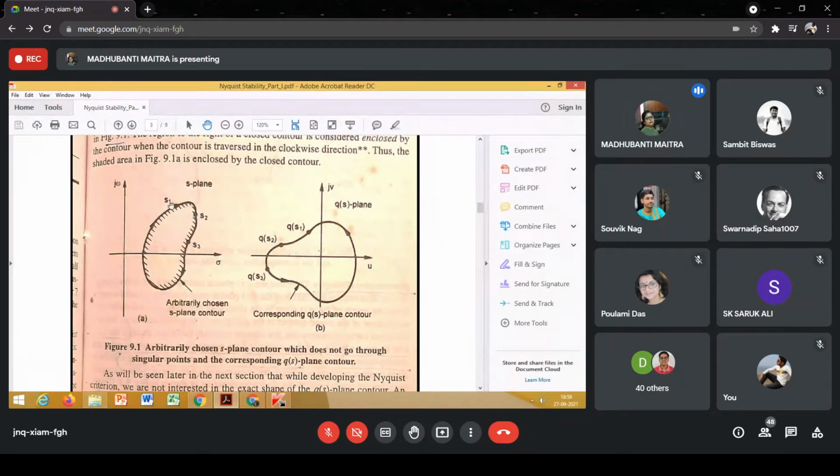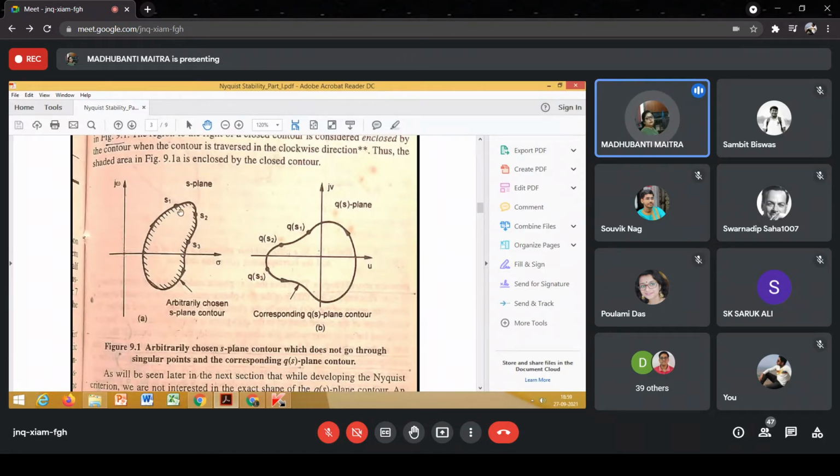Okay. Now you see, since it's a closed curve, we are starting from this particular point S1. While traversing along this contour, the next points are S2, S3, S4, S5, and the final point will again be S1 since it's a closed contour. So the first point and the final point will be the same.